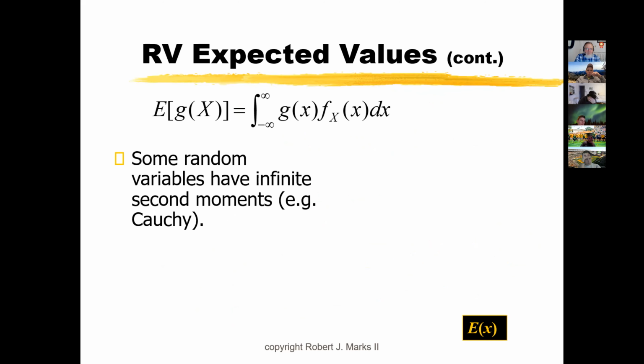There are other examples that have an infinite second moment. And one of them is the Cauchy. Now, if you remember, the Cauchy, if it's centered, is equal to a constant divided by x squared plus b squared.